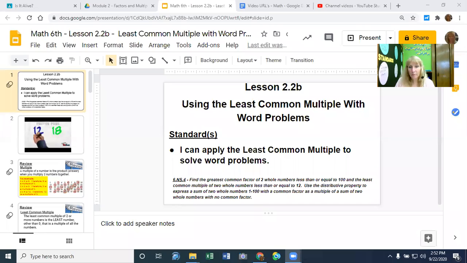Hi, this is lesson 2.2b, using the least common multiple with word problems. So I'll share my screen and hit present.